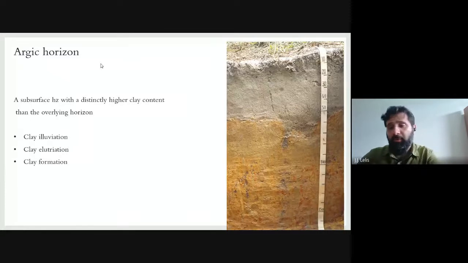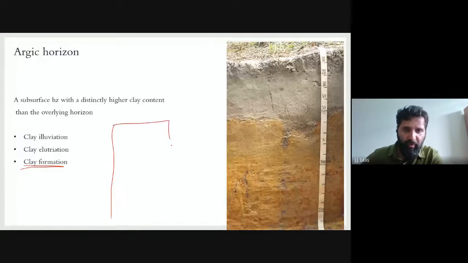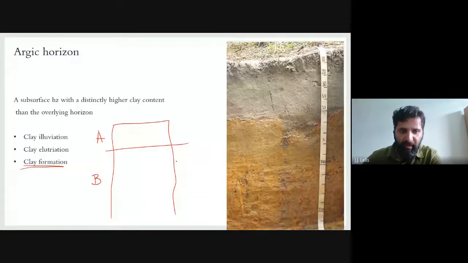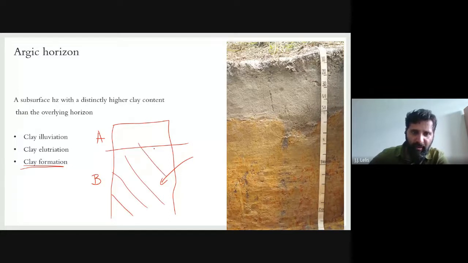We also could present an argillic horizon that's related to clay formation. So if we present an A horizon and below a B horizon, in here we have intense weathering, and this intense weathering creates a clay horizon.